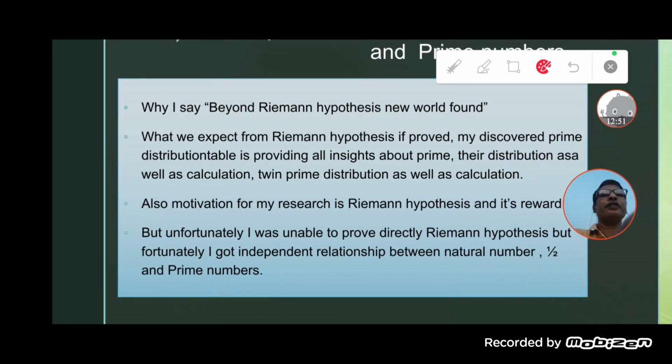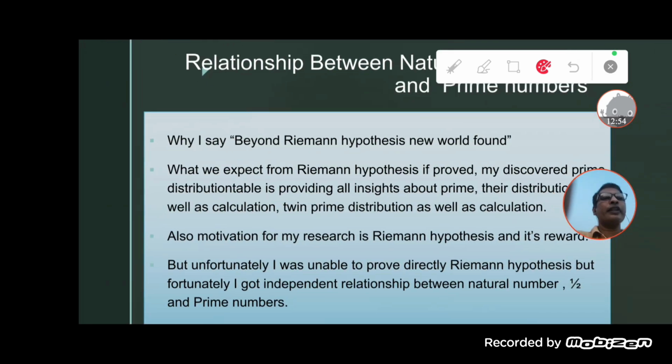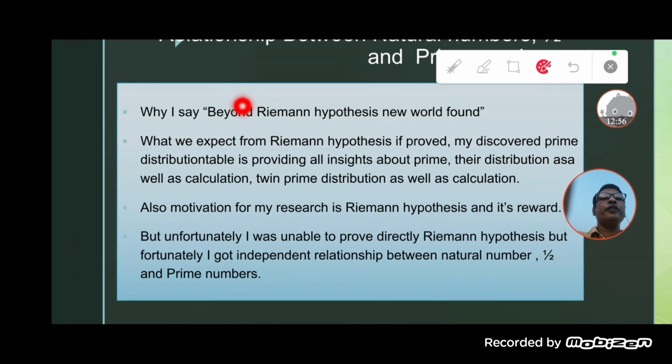I have used the words "beyond Riemann hypothesis, new world of prime found." Why do I say that? What we expect from the Riemann hypothesis, if proved, is what my discovered prime distribution table is providing.